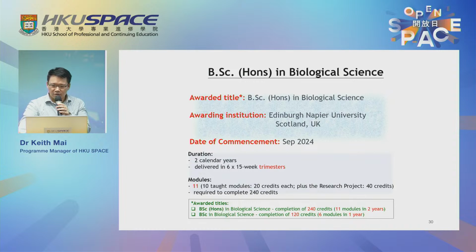In total, there are 11 modules for the program, including 1 research project. For students who wish to complete the whole program to get the honors degree, it is 240 credits over 2 years. But students who want to exit after the first year may receive a BSc in biological science, what we call an ordinary degree.